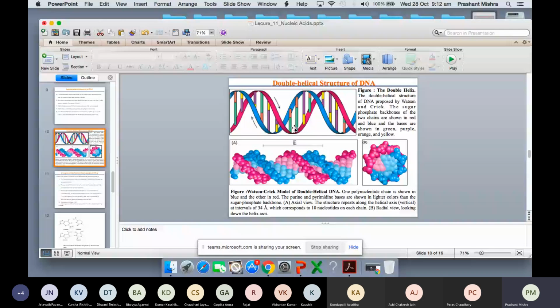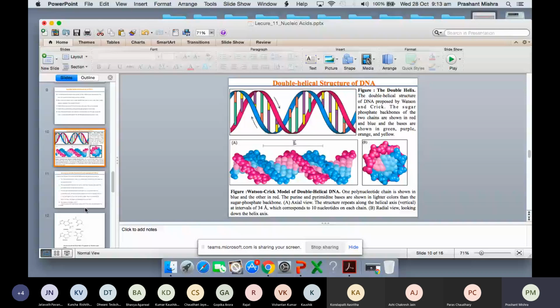Now, if I remove this sodium ion from the DNA, what will happen? The DNA will have phosphate groups and they will repel each other. And because of that repulsion, DNA will not be stable. So most of the time in the cell, or whenever you have isolated DNA, it has sodium ion present on the surface of the DNA. And that's why they are more stable.